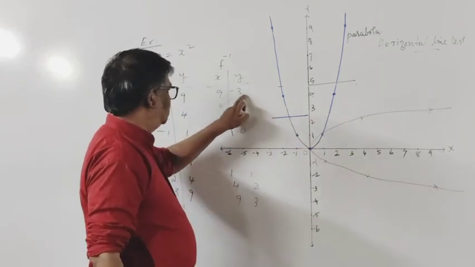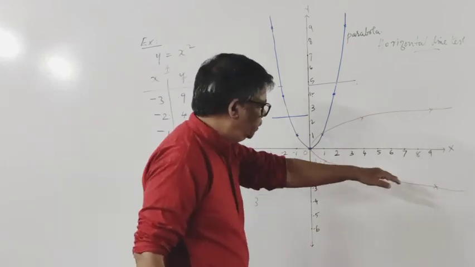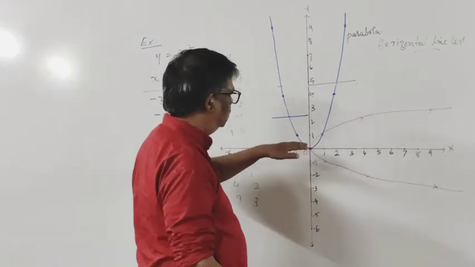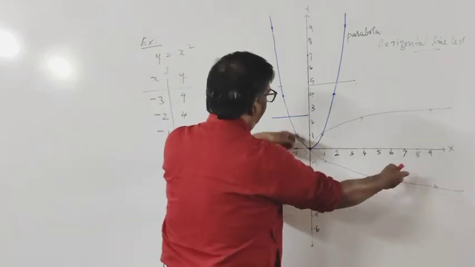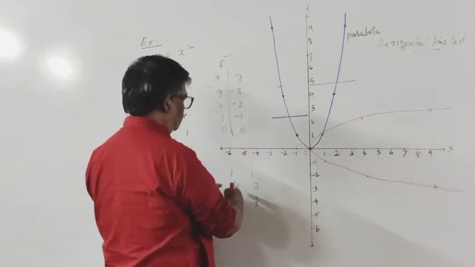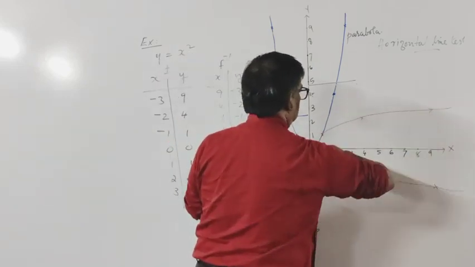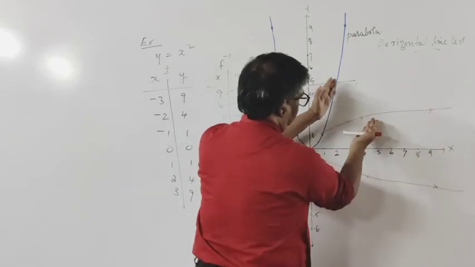By plotting 9, minus 3, 4, minus 2, 1, minus 1, 0, 0, and joining the points using a smooth curve, we get this, and it is the inverse of this part of the curve. Similarly, plotting 0, 0, 1, 1, 4, 2, 9, 3, we get this curve, and it is the inverse of this part of the curve.